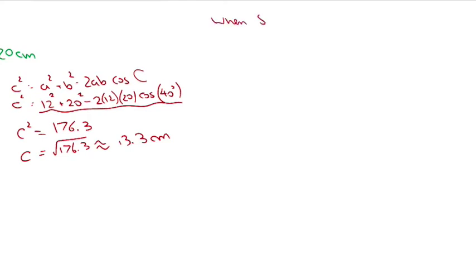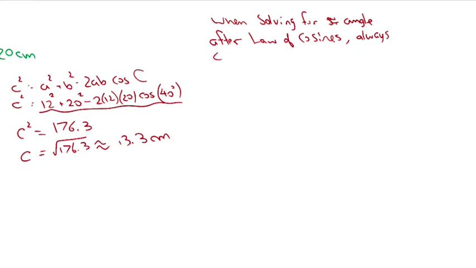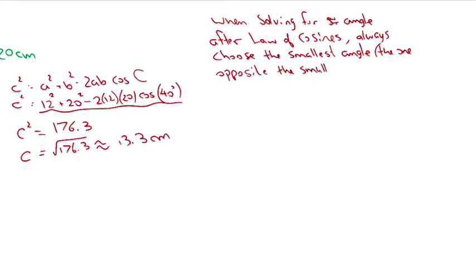When solving for side, angle after law of cosines, always choose the smallest angle, the one opposite the smallest side.